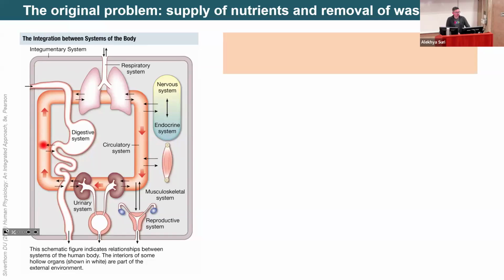And then there is a process of exchange between the digestive system and the circulation, right? Oxygen, the gas that we need in order to run our metabolism, is picked up by the respiratory system, right?